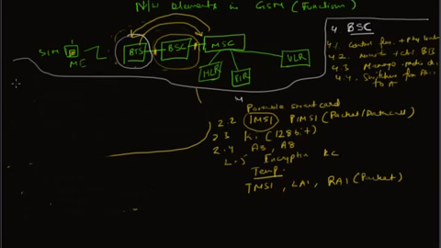So let's look at MSC, Mobile Switching Center. Switching means it's responsible for switching calls from PLMN to PSTN and PSTN to PLMN. That's one function. The second function is handover, an inter-BSC handover.